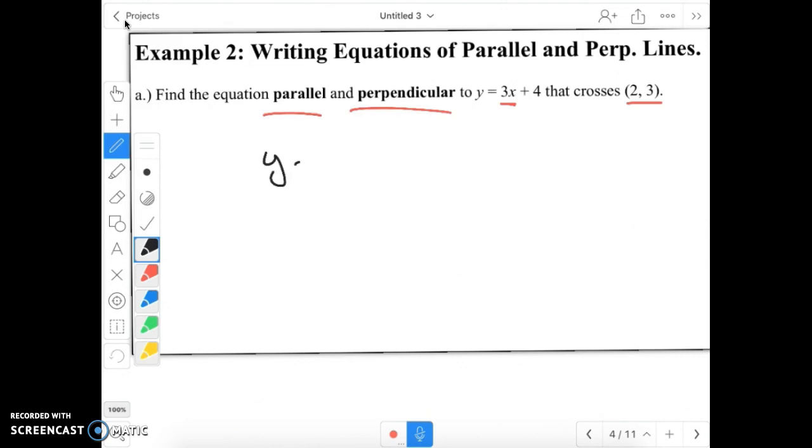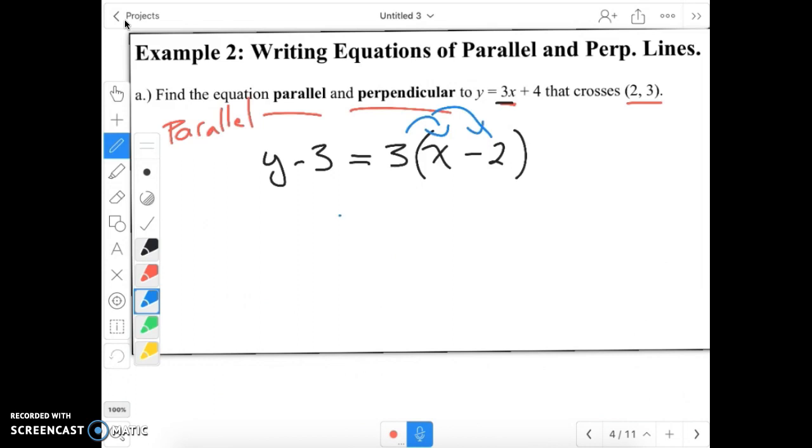So I'm going to say y minus, our y1 would be 3, equals 3, which is that slope right there, times x minus 2. So again, this is for parallel. Now we just have to simplify. So this is equal to 3x minus 6, y minus 3, add 3 to both sides.